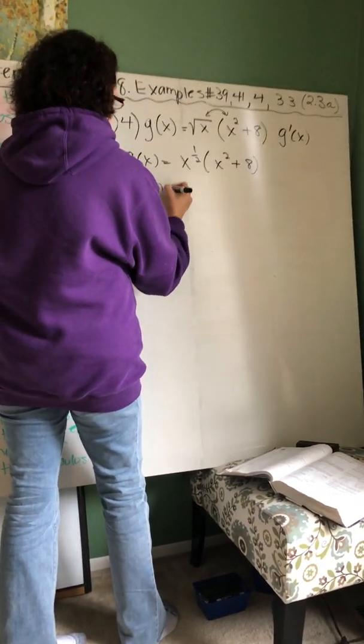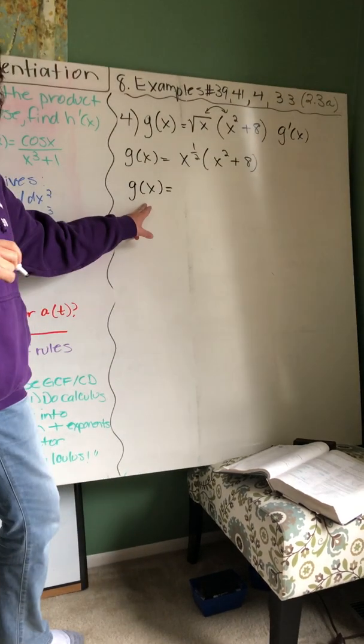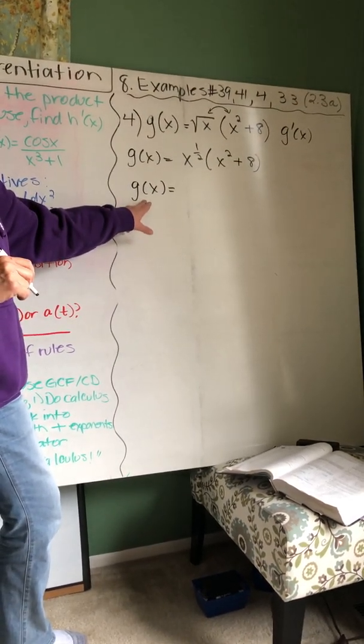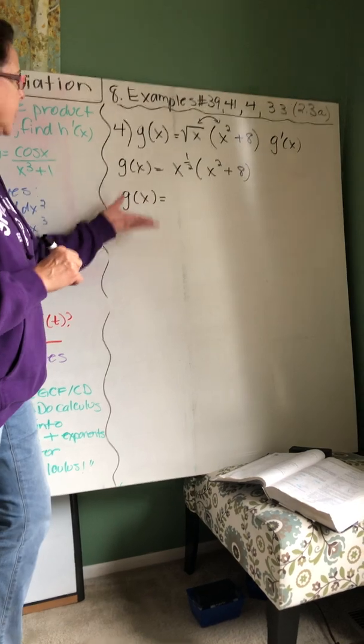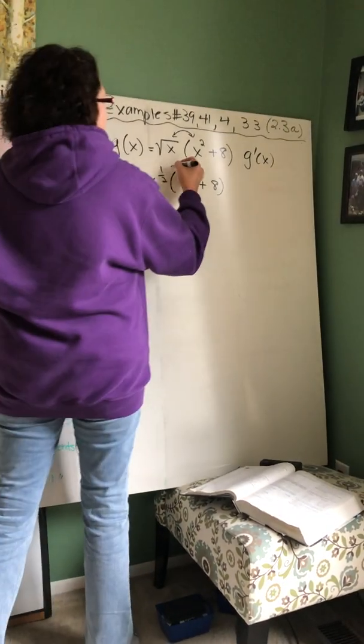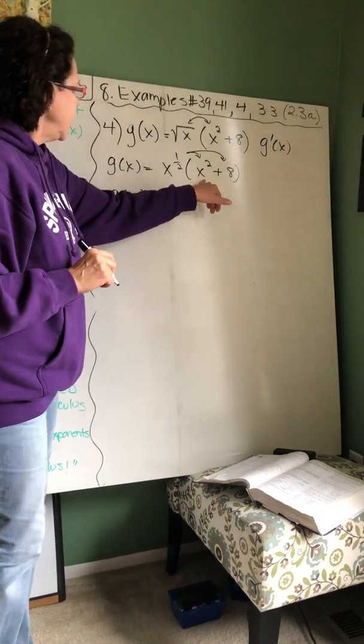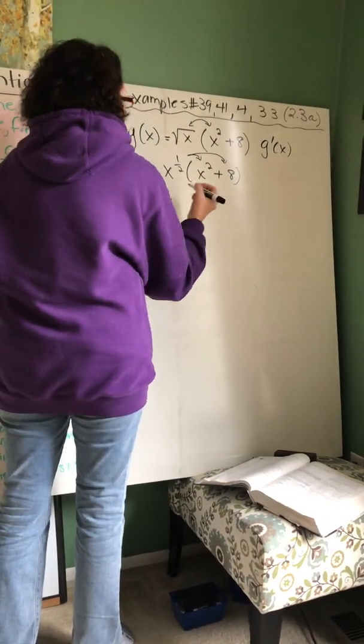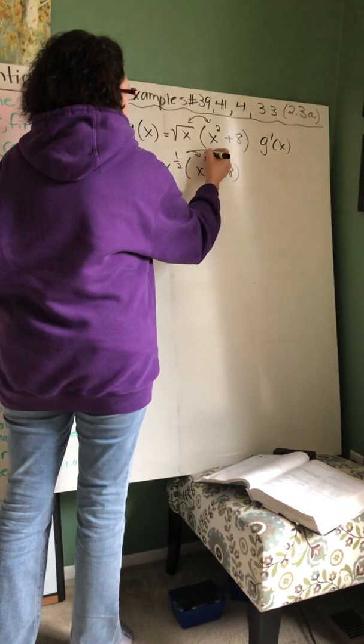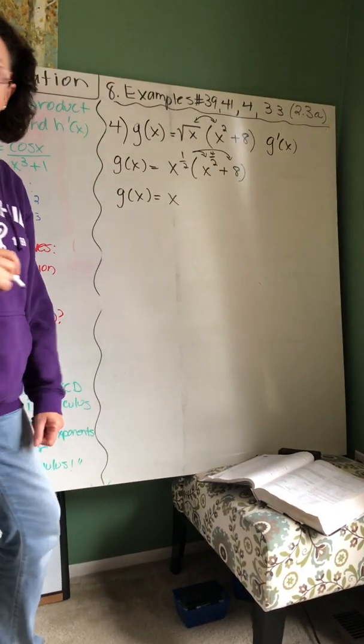And now let's go ahead and distribute. Notice I haven't put a derivative sign on the g of x yet. I haven't taken the derivative. I'm just fixing g of x so it's easy for me to take the derivative. x to the 1/2 times x squared. This is actually an exponent of 4 over 2, right?